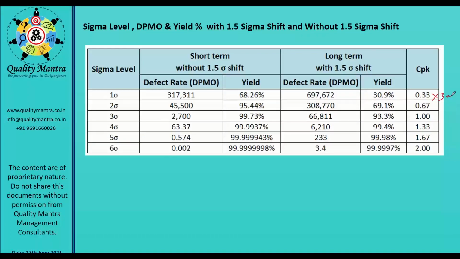Standard deviation is different, sigma level is different. Don't confuse. So if you are operating at Cpk of 1, it means your process is operating at 3 sigma level. You people have heard about the 6 sigma level. To gain this 6 sigma level, your Cpk should be 2. Then only you will get this sigma level.